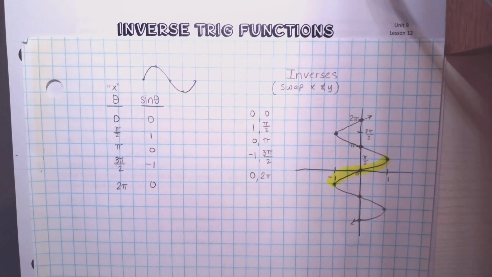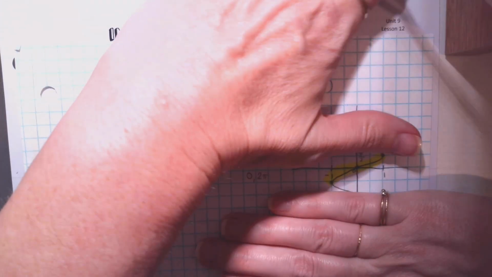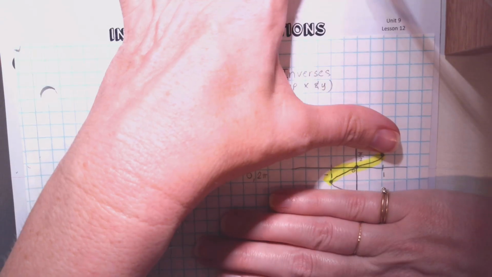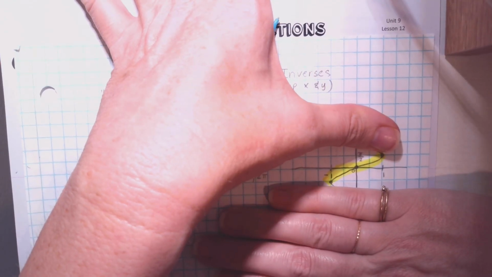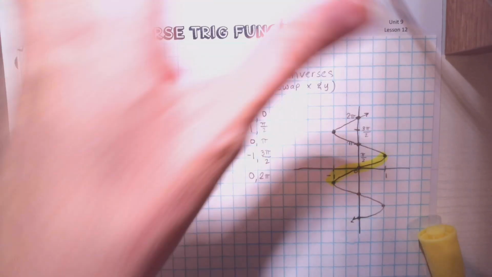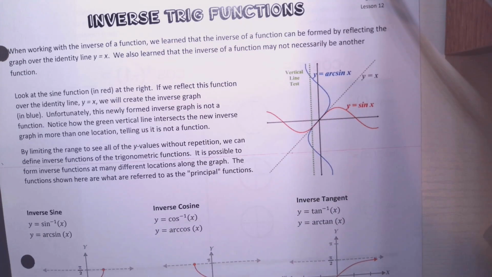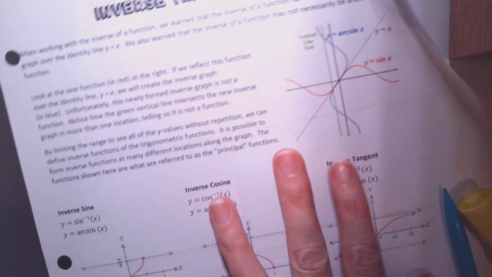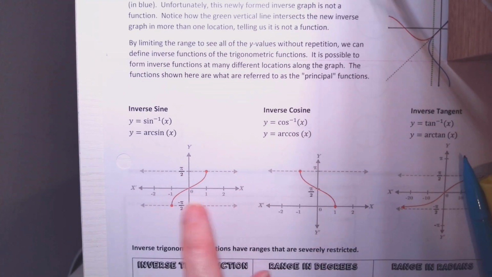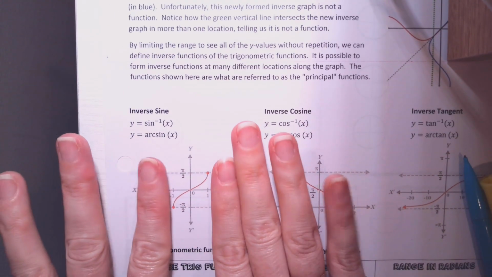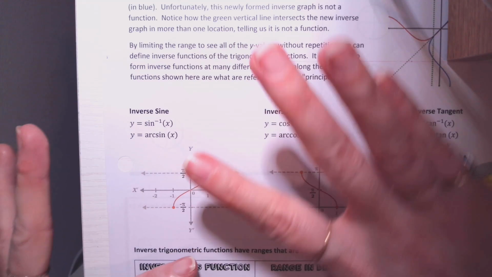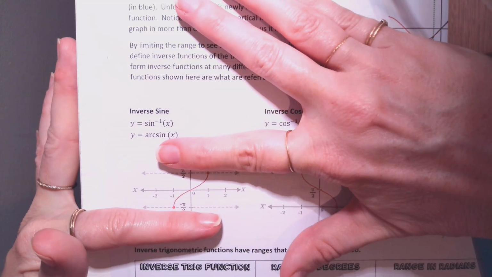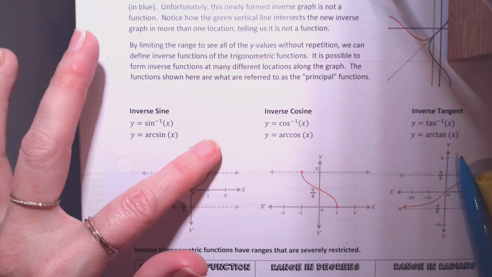If we only use this part of the graph and hide everything else, we now have an inverse sine function that would pass the vertical line test. We'll see that on our paper at the bottom or in the middle. We can see what the inverse sine function looks like. And again, we're restricting it to a domain of -1 to +1, a range of -pi over 2 to pi over 2, so that it ends up passing the vertical line test.